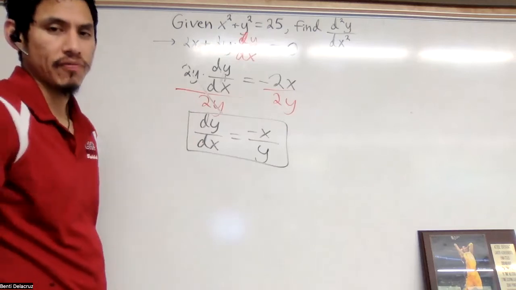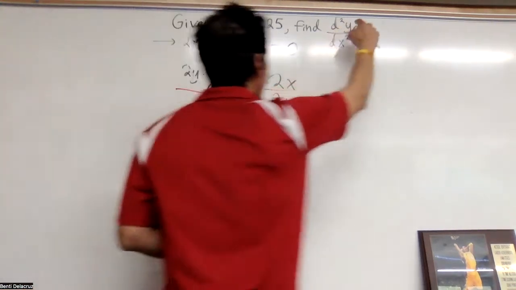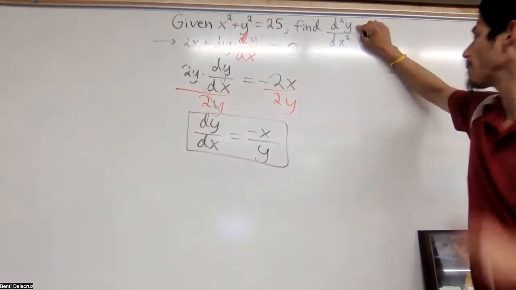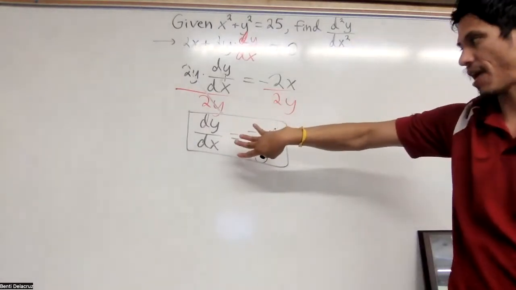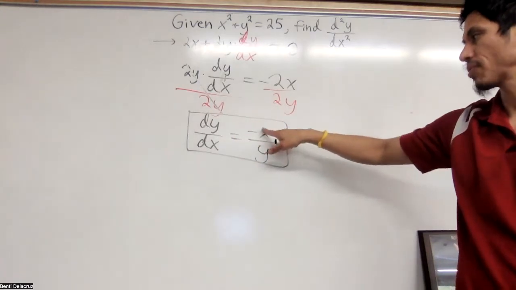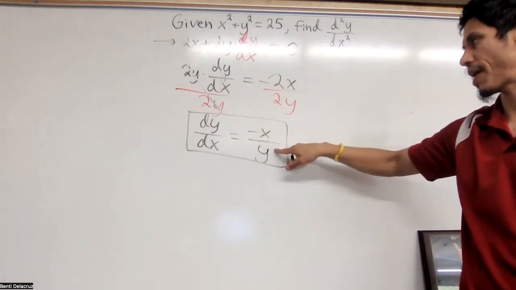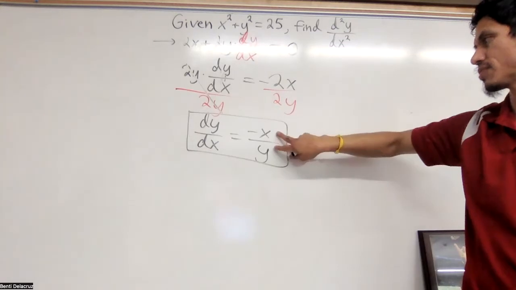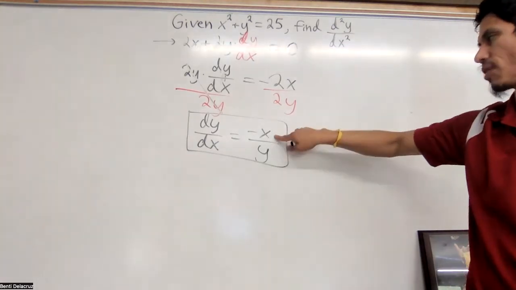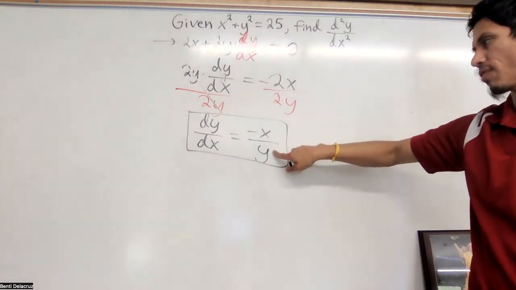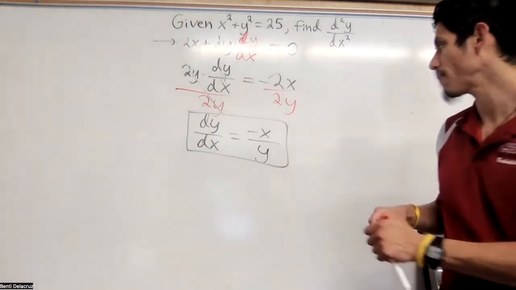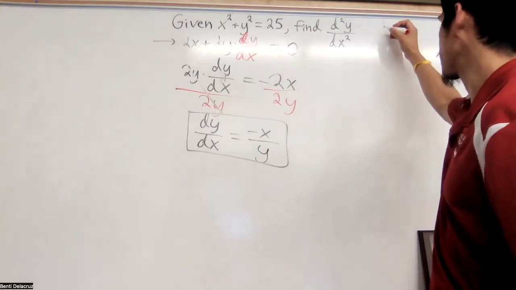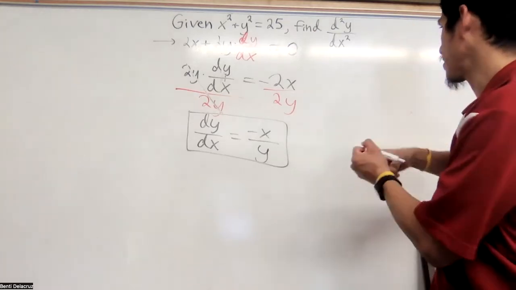Now, we want to find the second derivative of y with respect to x. So we're going to take the derivative of this again. We differentiate this by using the quotient rule here. So we have the top function over the bottom function. We can think of this like an f and that like a g. So let's write it over here just in case you need a little refresher.